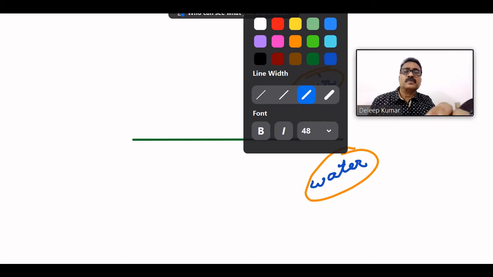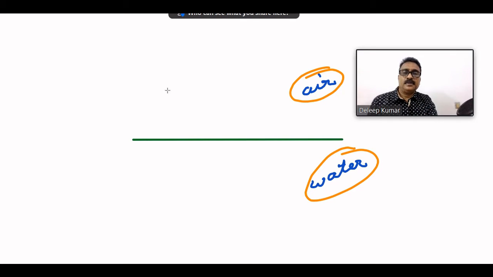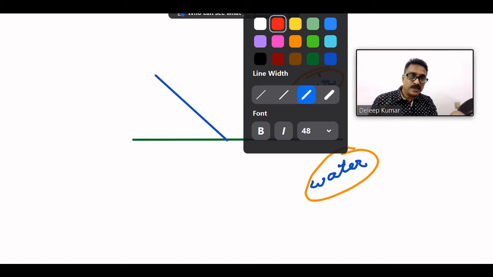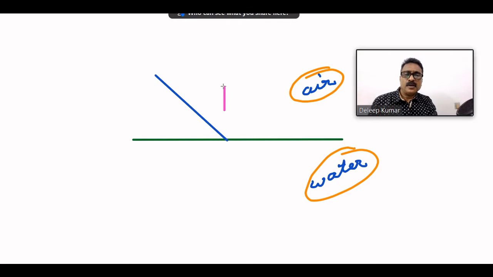So when light travels from air to water, what happens? Before that, we have to draw a normal here. Okay, clear? So what happens to this ray? You can see that this ray bends towards what? There are different possible directions, like this or like this.